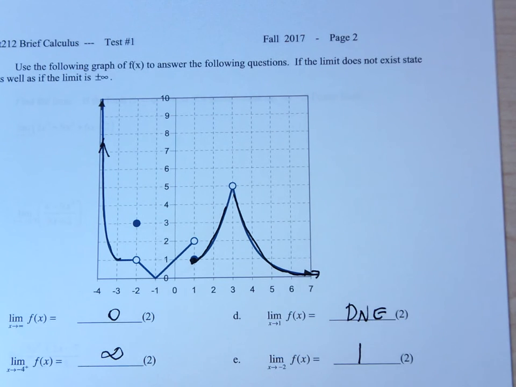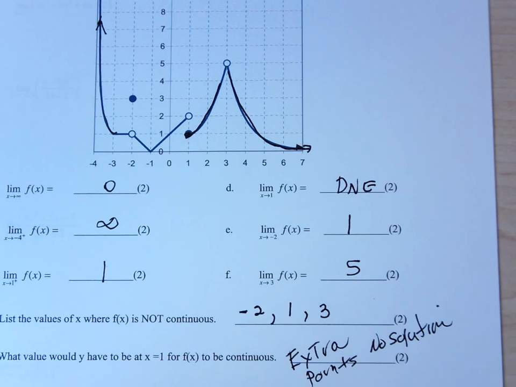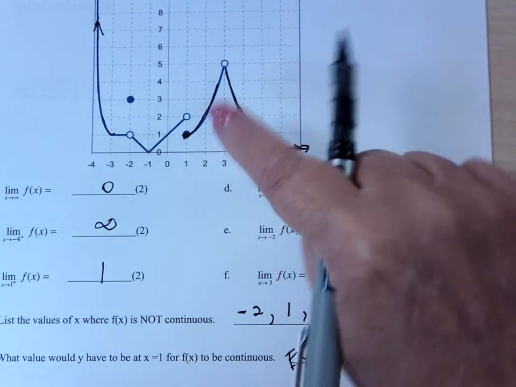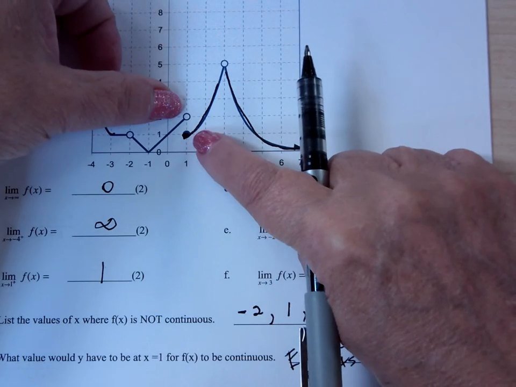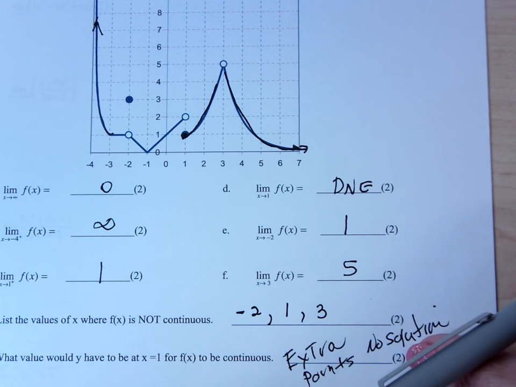Because there is no solution, really. That's for this guy. No solution, because you have a jump discontinuity. So we're still a 100-point test. I just don't count this at all.